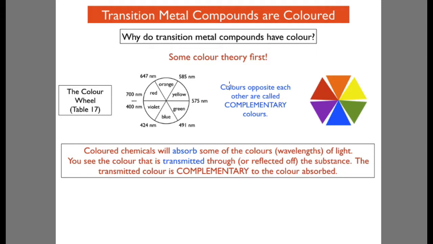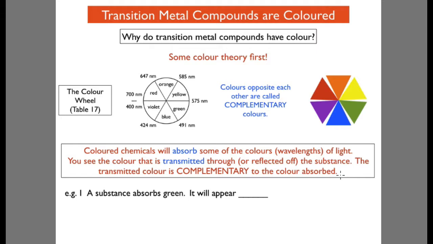Coloured chemicals absorb some of the wavelengths of light, and you see the colour that is transmitted through or reflected off the substance. So you don't see the colour that's absorbed, you see the colour that's opposite the one that's absorbed. So if green was absorbed, you'd see red. The transmitted colour is complementary to the colour absorbed.